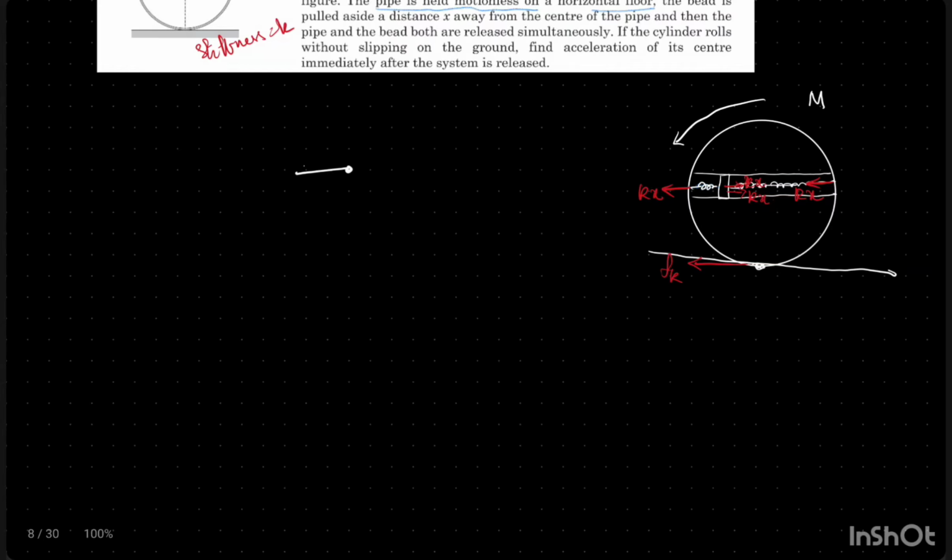If this is the pipe, there is 2kx force acting on this pipe, and there is a frictional force acting on the pipe, both in the front side. Sorry, both are acting in the front side. There is some frictional force, so we can say 2kx plus frictional force is equal to capital M into A. Let's take the acceleration of the center of mass as A.